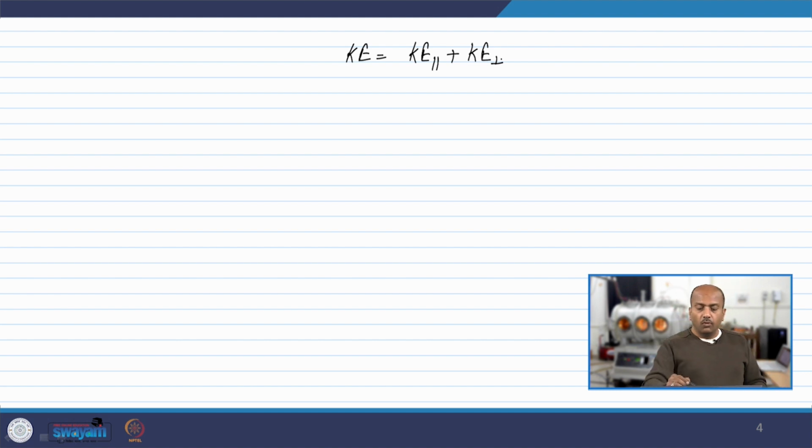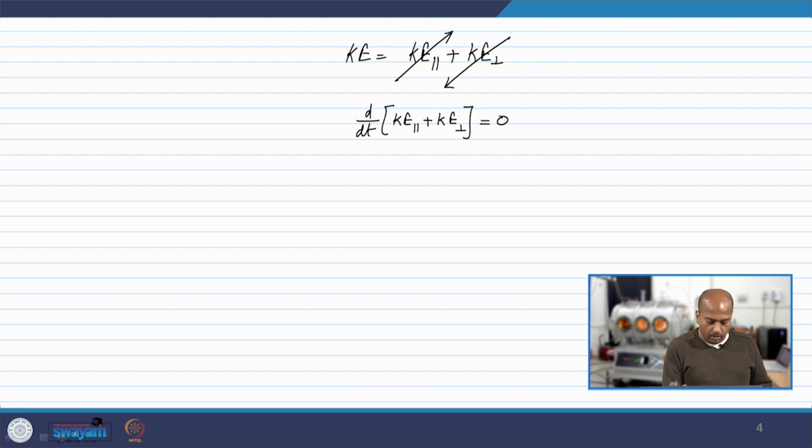Now, when this is increasing, the kinetic energy perpendicular has to decrease so as to keep the total kinetic energy constant. As simple as that, right? So we will write it as d/dt of KE parallel plus KE perpendicular should remain constant.